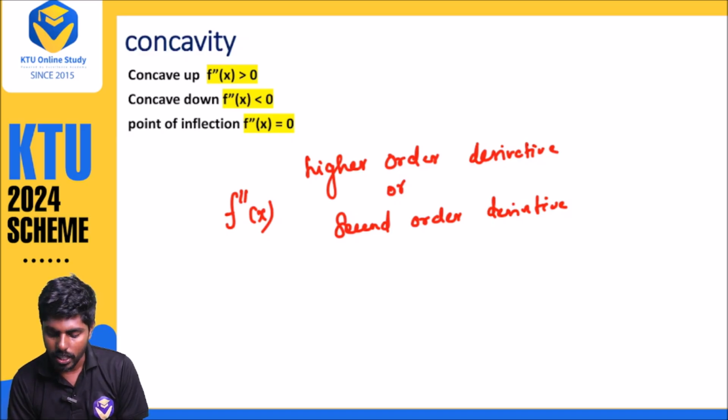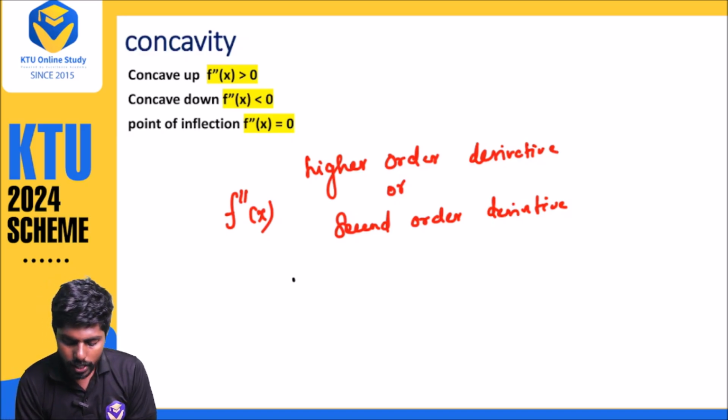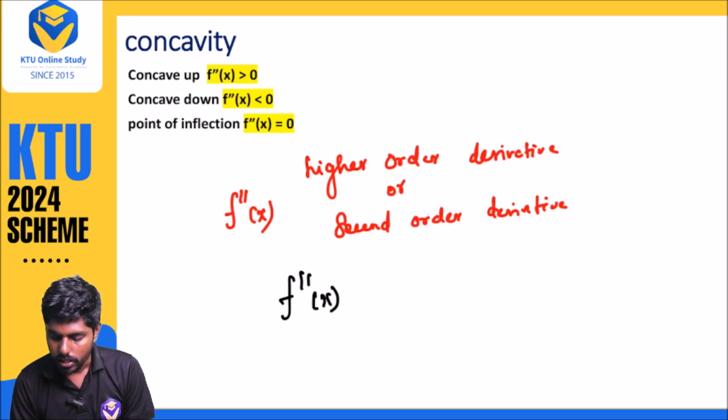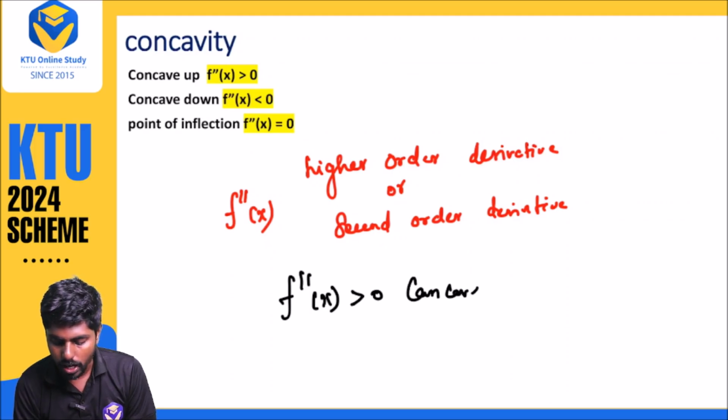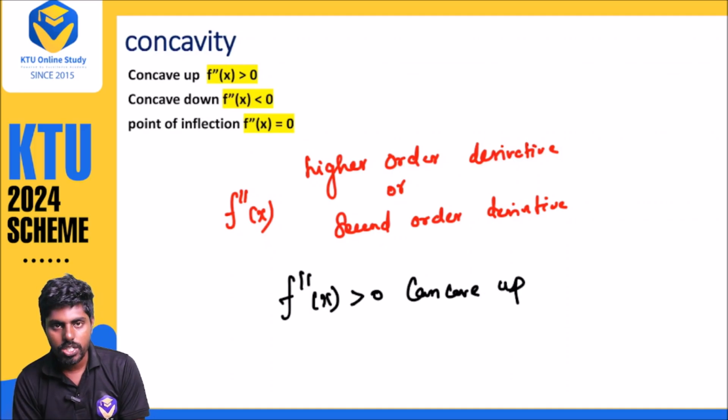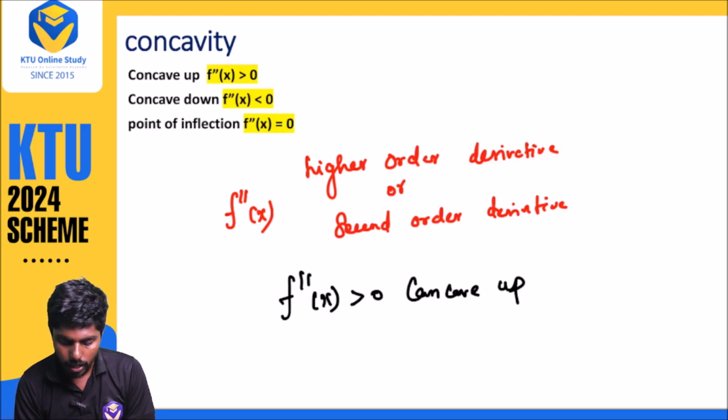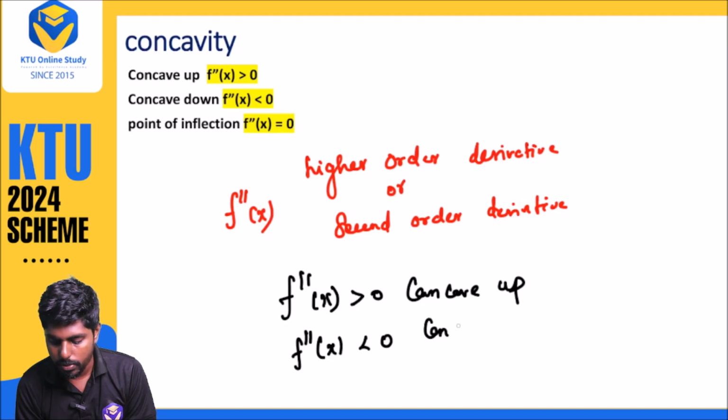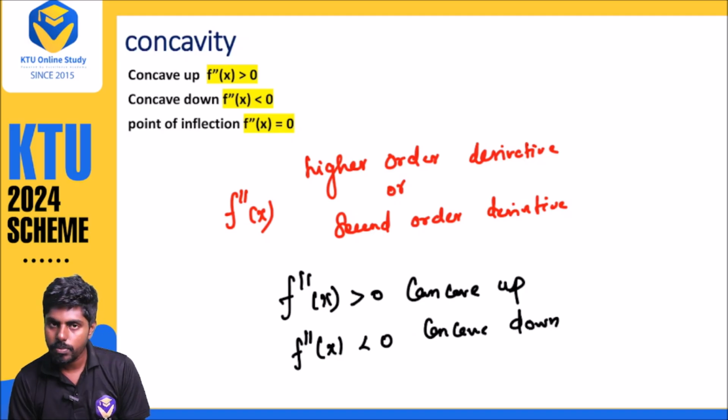So very important. If you know the derivative concept, concavity is a very simple topic. When f double dash of x is greater than 0, we say it is concave up. If it is less than 0, we say concave down. Very simple to recollect also.